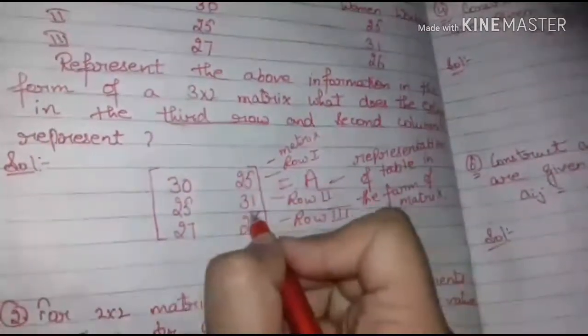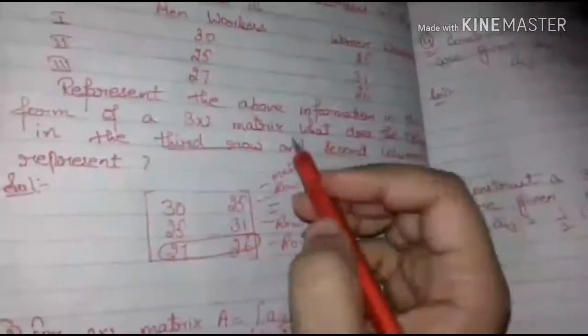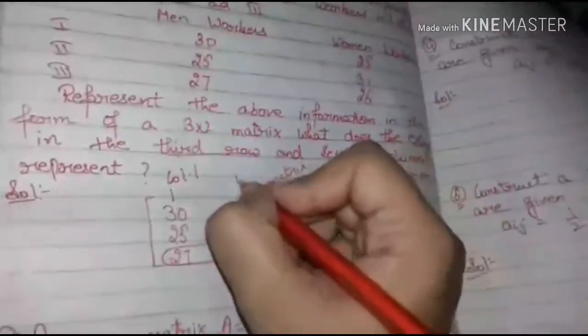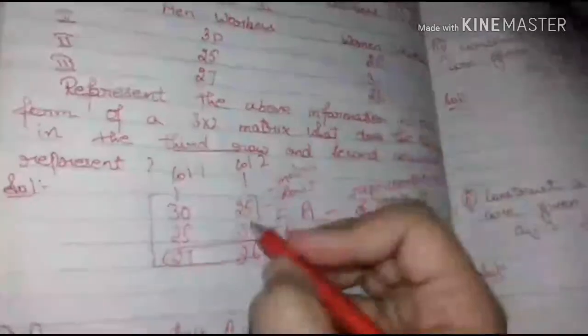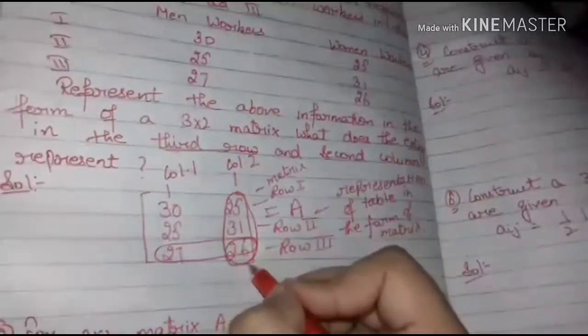So the third row will be this row, and the second column, this is column first and this is column second. So this is the second column and the common entry is this 26, which is woman worker.